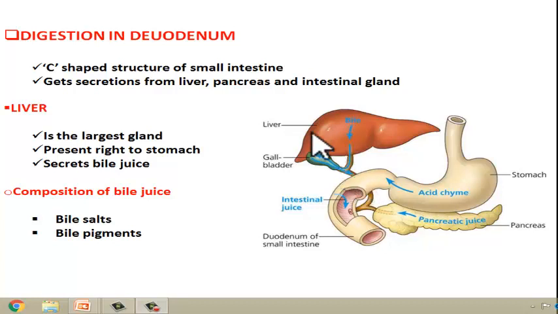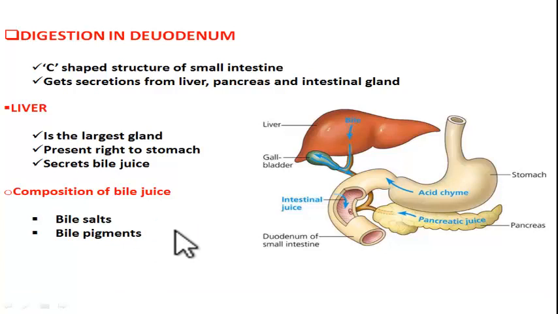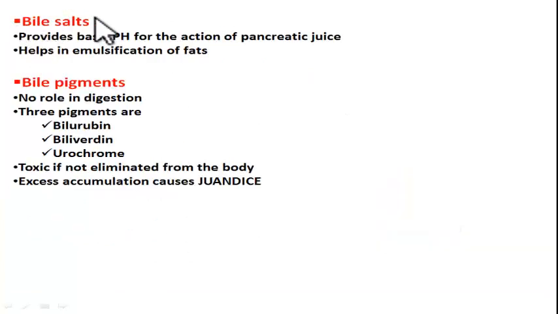Now what is the composition of this bile juice? Bile juice contains two components, bile salts and bile pigments. Got it? So let us see the action of bile salts and bile pigments. Bile salts provide basic pH for the action of pancreatic juice.